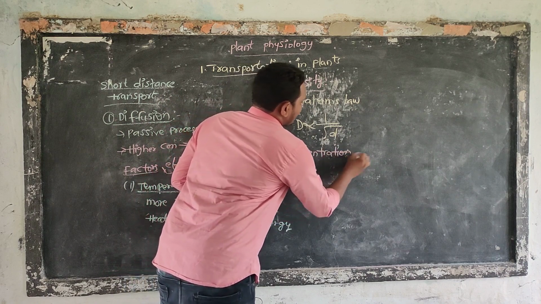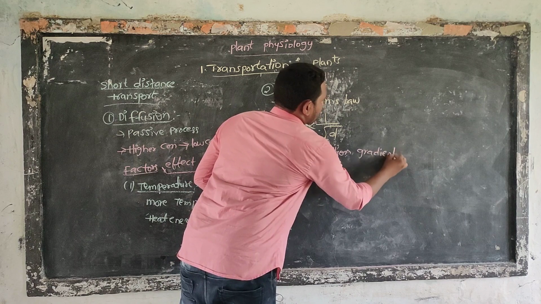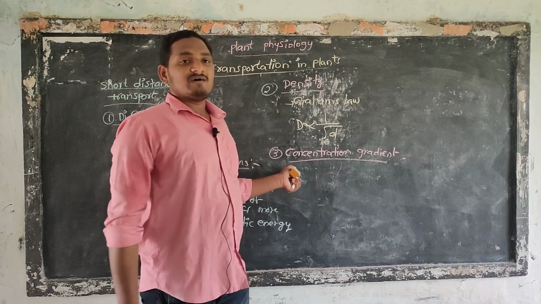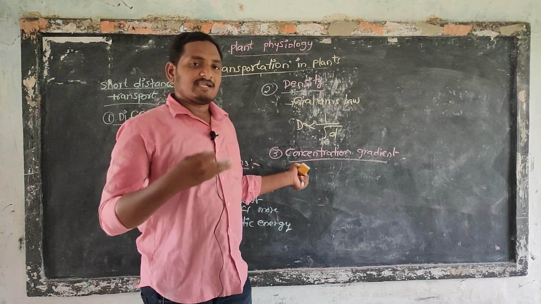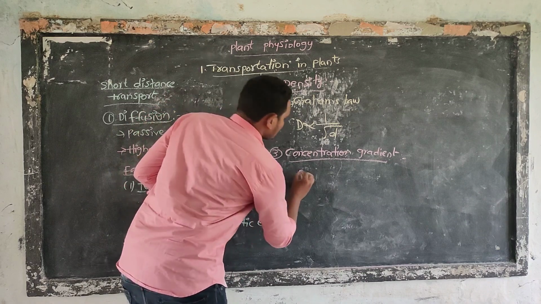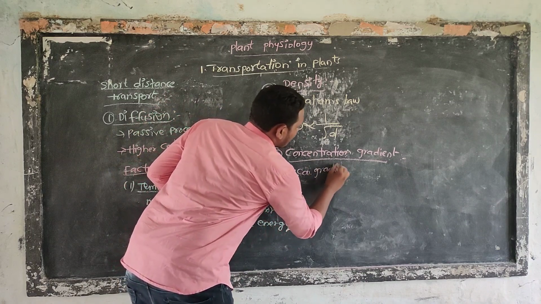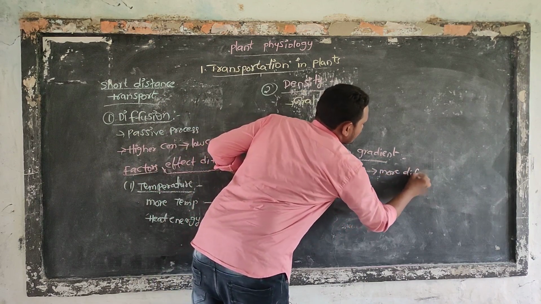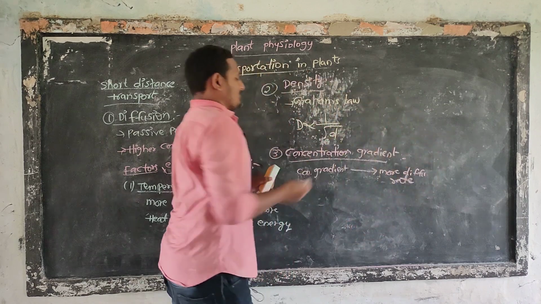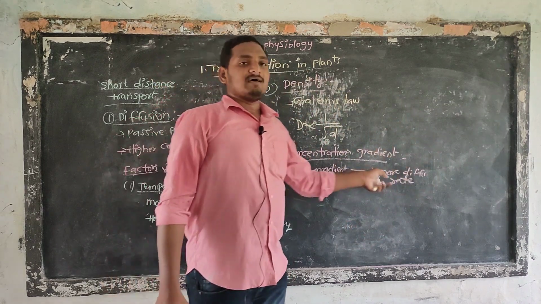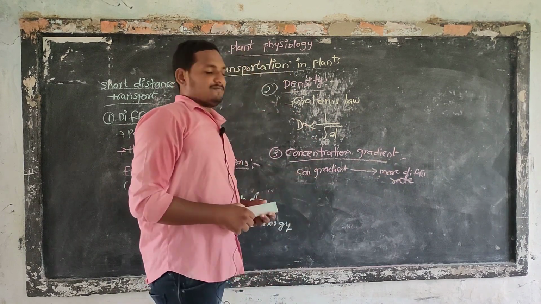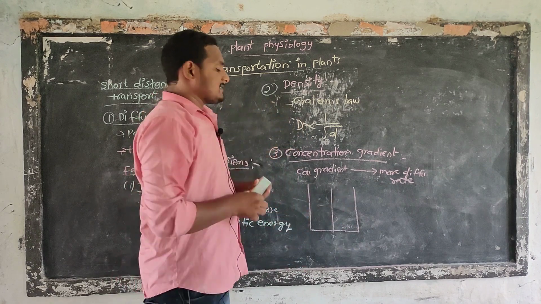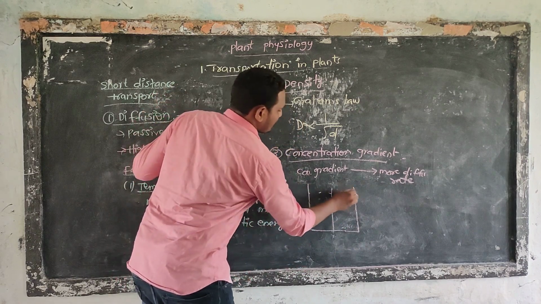Next, concentration gradient. If the concentration gradient is more, the rate of diffusion is also more. For example, this is a container, and in this container we take some amount of water.